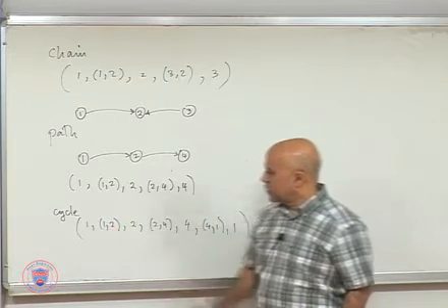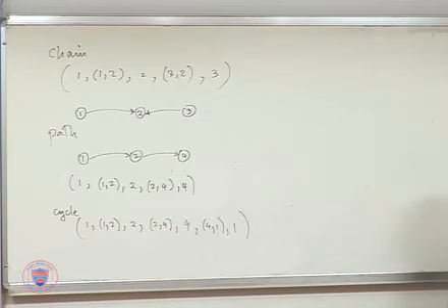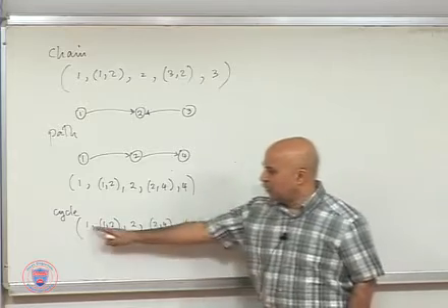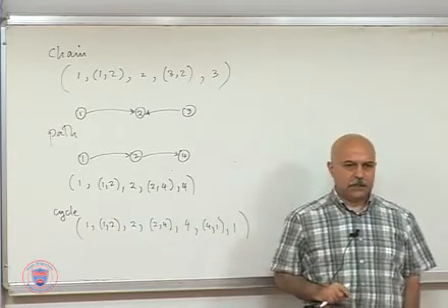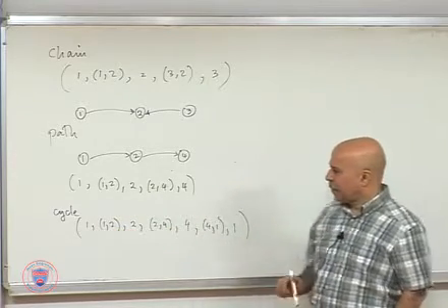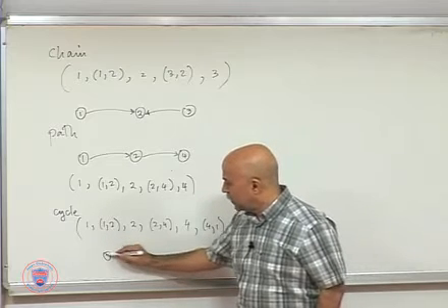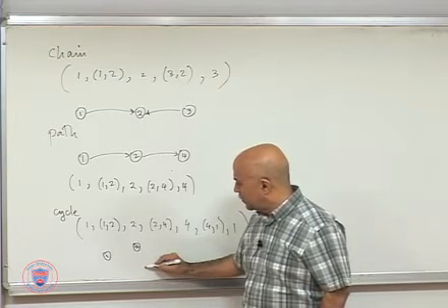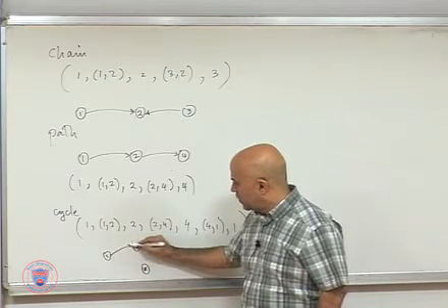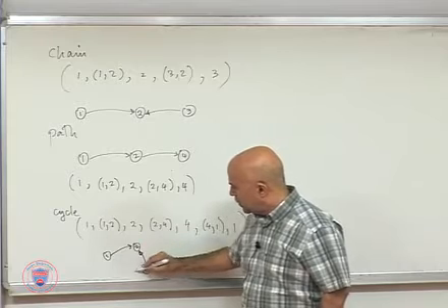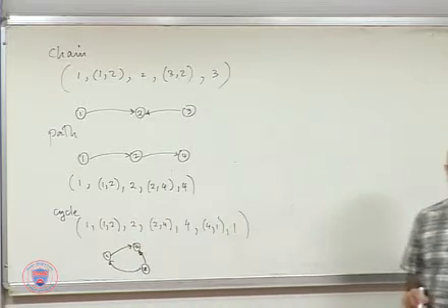So a cycle is just a chain with the beginning node and the ending node the same. Okay? That's the cycle defined in this way. That's the cycle we're talking about here.